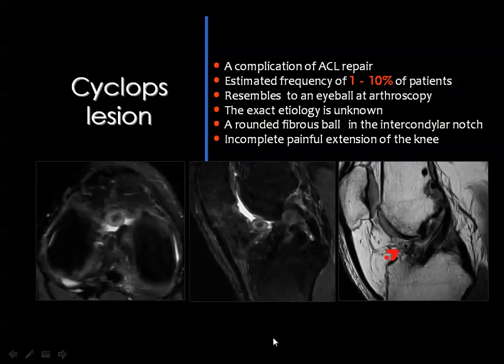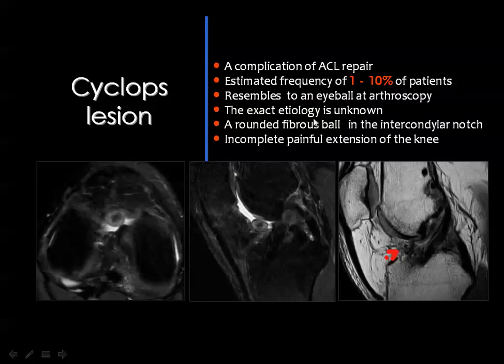Also, you know that there is a complication known as cyclops lesion, and this cyclops is a foreign body, let us say, or a mass of fibrous tissue, which by arthroscopy appears like an eyeball, hence the name.